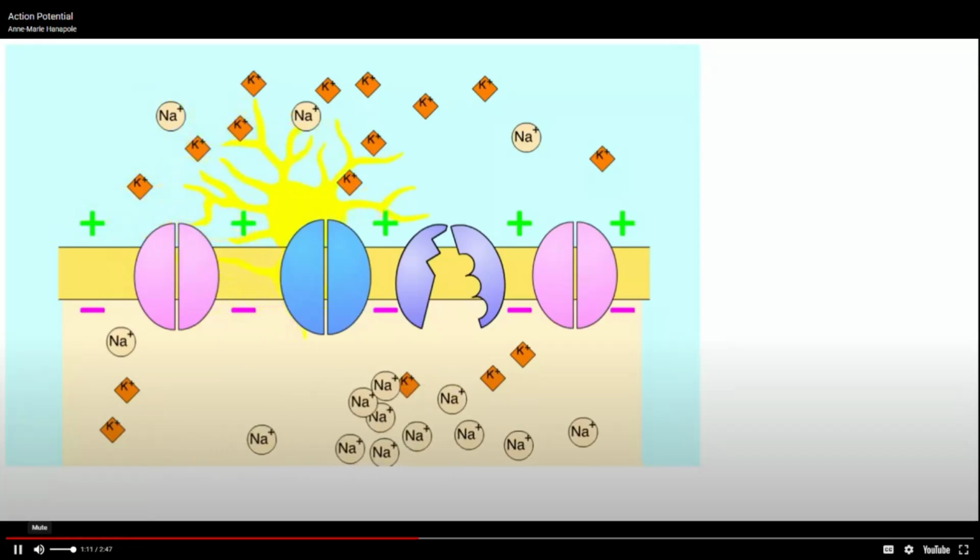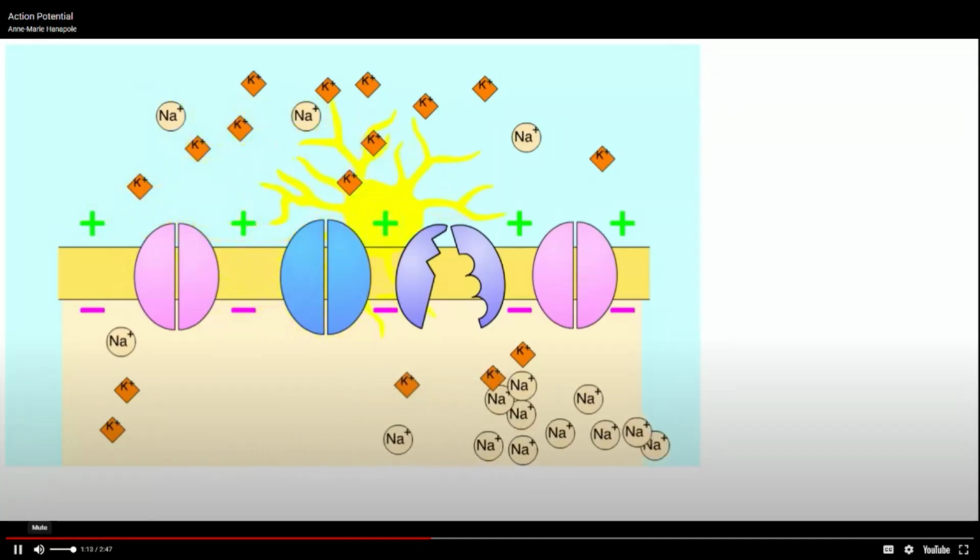Meanwhile, the sodium ions inside the cell have diffused to adjacent areas, causing a slight change in the polarity of the membrane ahead of the action potential. This change in polarity causes the voltage-gated sodium channels along this part of the membrane to open. Again, sodium ions rush in, and the action potential spreads to the adjacent part of the neuron.